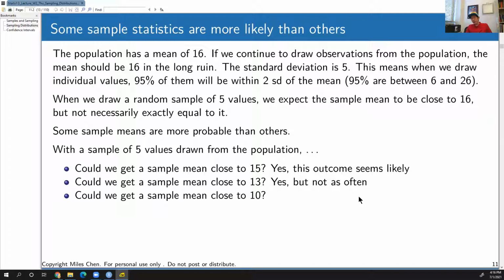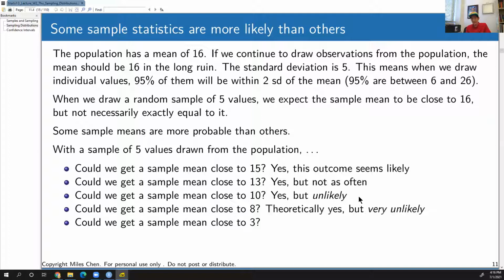Could we take 5 values from this population, again with a population mean of 16, where the mean of those 5 values ends up being 10? It sounds unlikely. What about a sample where the mean of the 5 values is 8, or a sample where the mean of the 5 values is 3?